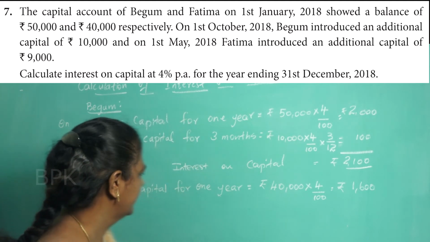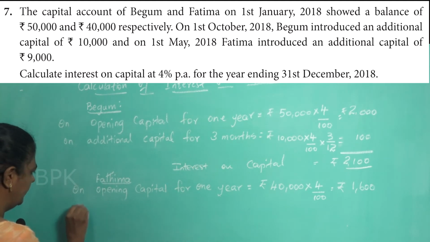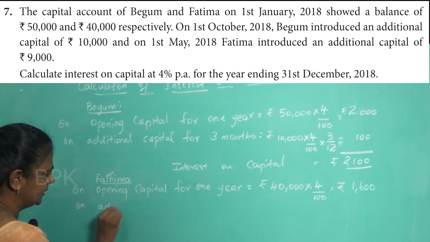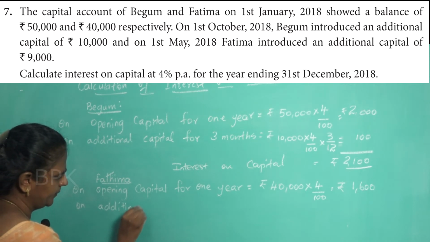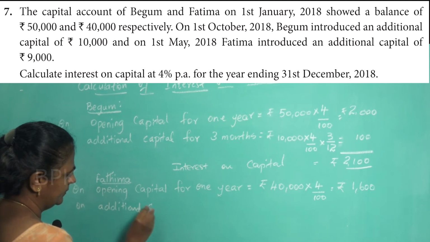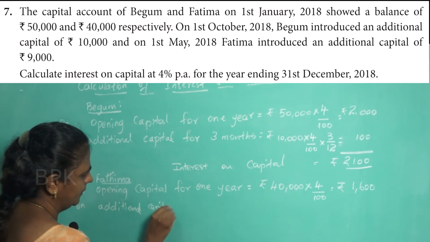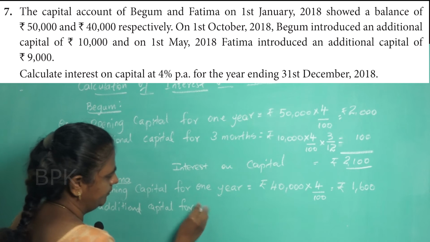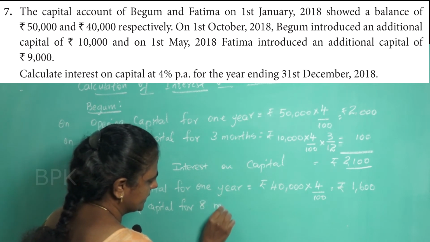So you write like this: on additional capital for 8 months.